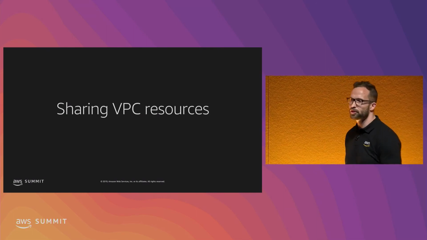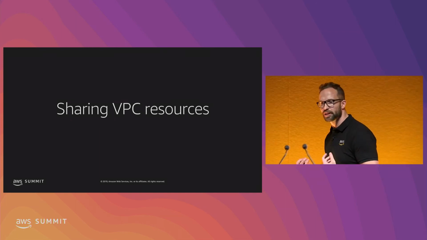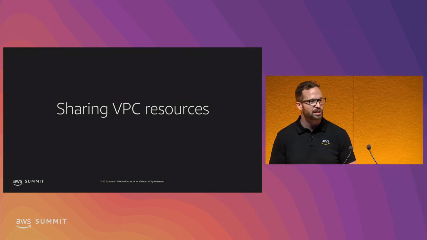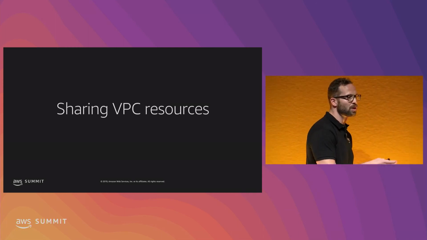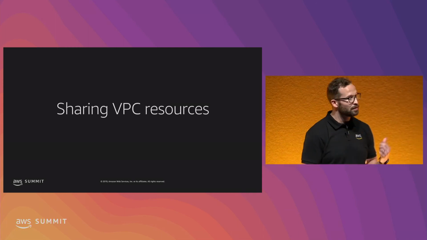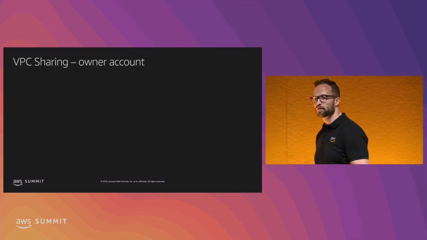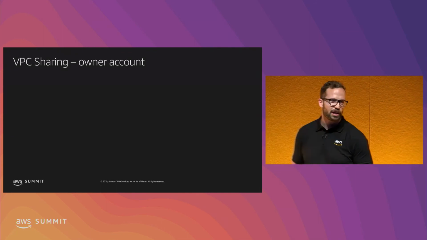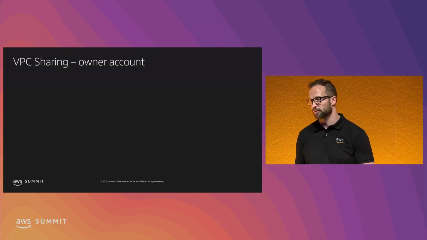Before VPC sharing, when you created a VPC, it had to belong to an AWS account, which is a management boundary, and all the services you would deploy into that VPC would have to belong to the same account. With VPC sharing, we're changing that model. So you now have the concept of the owner account, and maybe this is an AWS account owned by your networking team or your infrastructure team.